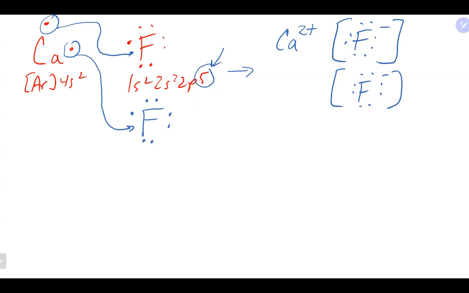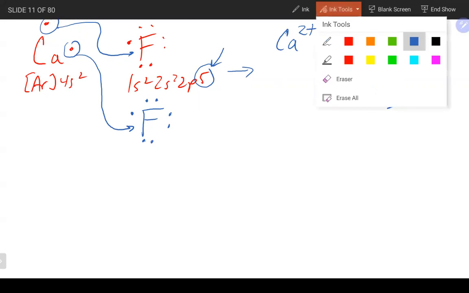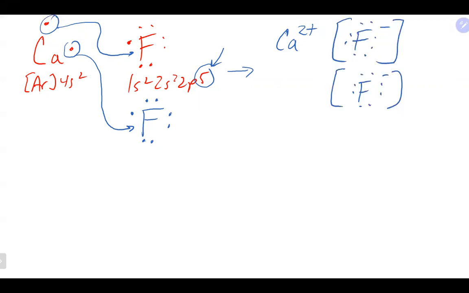And each of these things, all 3 of these things, will now reach noble gas configuration. Our calcium gave away its 2 electrons, which means it has argon's configuration. Each of the fluorines individually just gained 1 electron, which allowed each of these fluorines to get to neon's configuration. So in this particular case, we need a little extra help there from an extra fluorine.